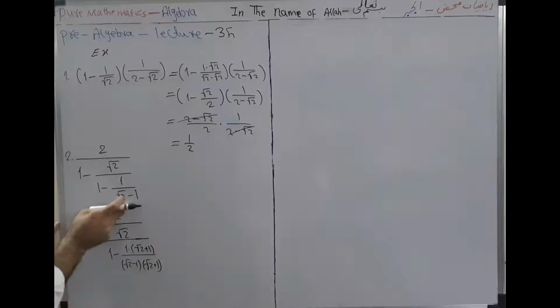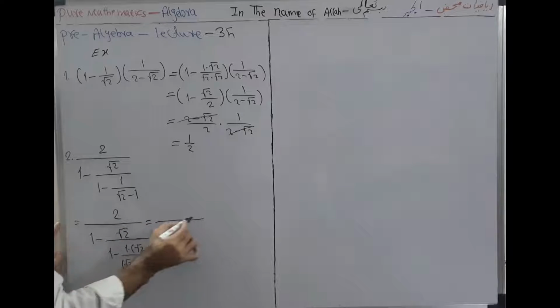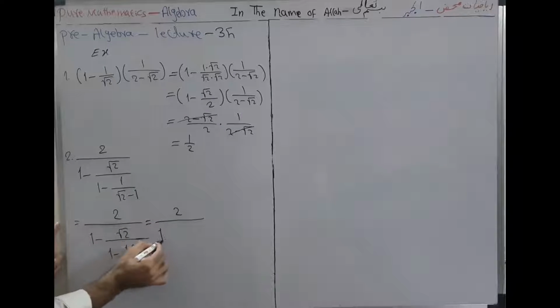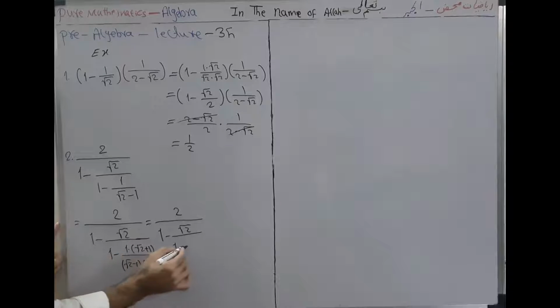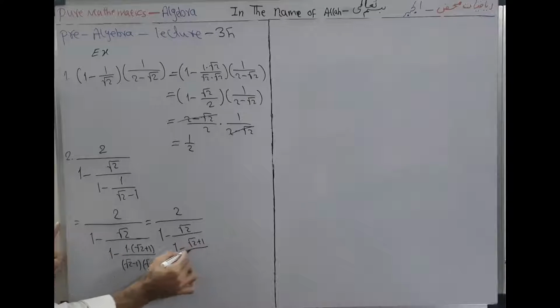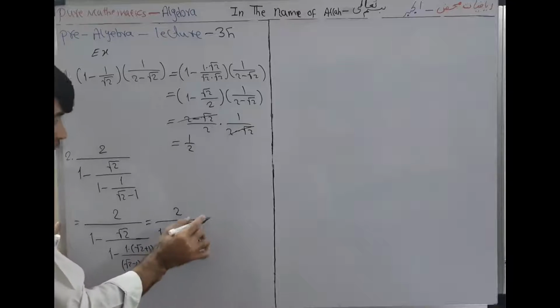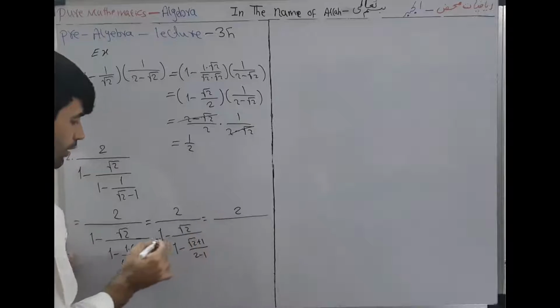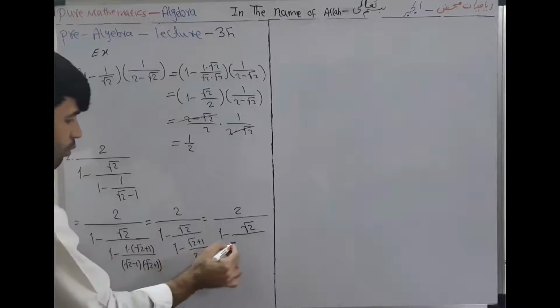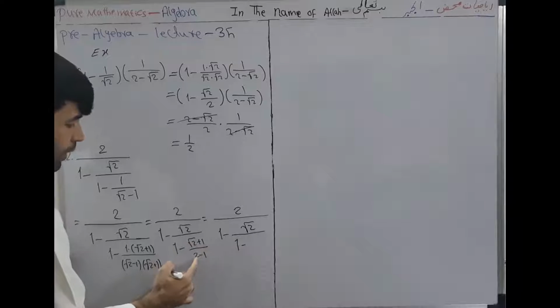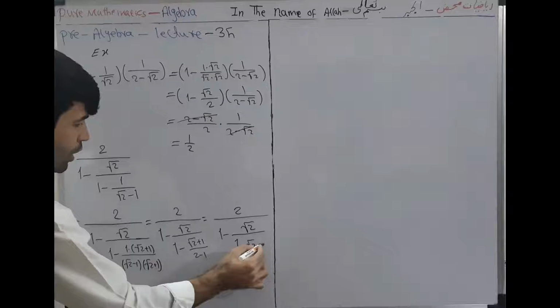We rationalize this fraction, then it is equal to 2 over 1 minus square root of 2 over 1 minus 1 multiplied by square root of 2 plus 1 over square root of 2 minus 1 into square root of 2 plus 1, it will become 2 minus 1. It is equal to 2 over 1 minus square root of 2 over 1 minus, here it will become 1 square root of 2 minus 1.